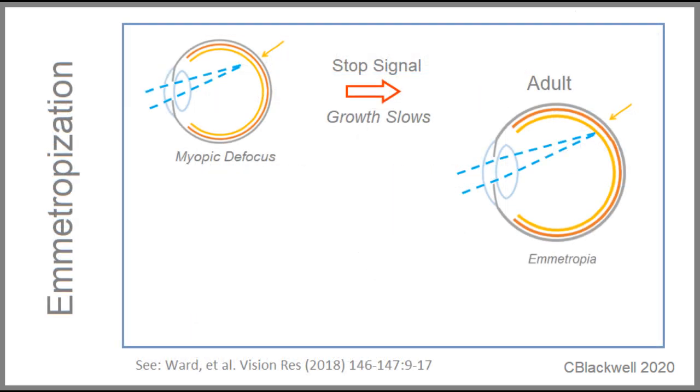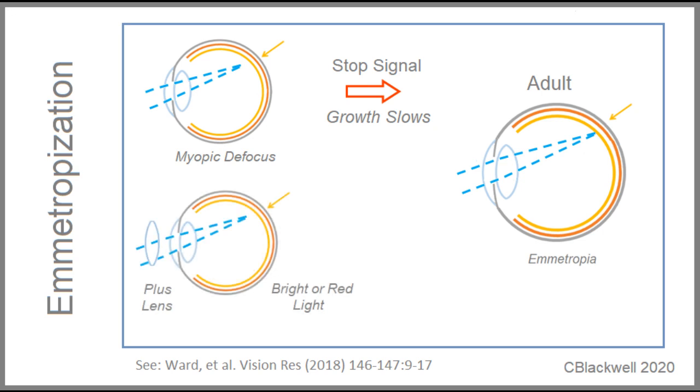For myopic defocus, the eye generates a stop signal and growth slows, allowing the image to move back to the retina. The same stop signal can be triggered by using a plus lens to induce myopic defocus. A red light or bright light may also generate a stop signal.